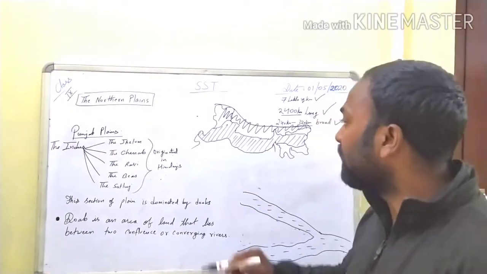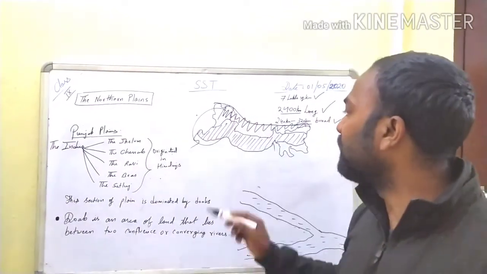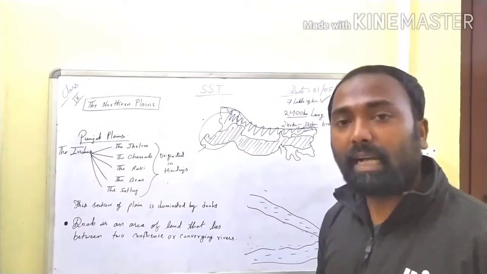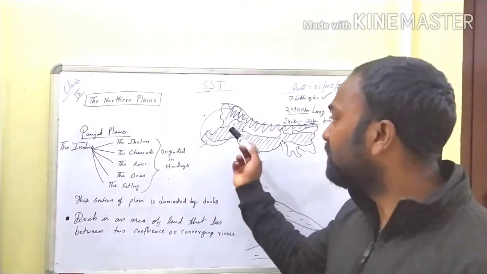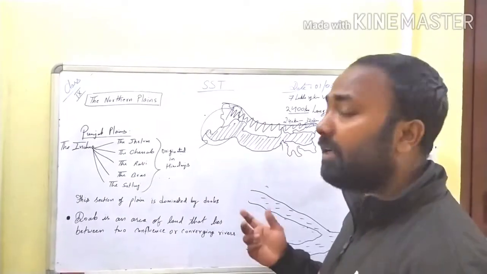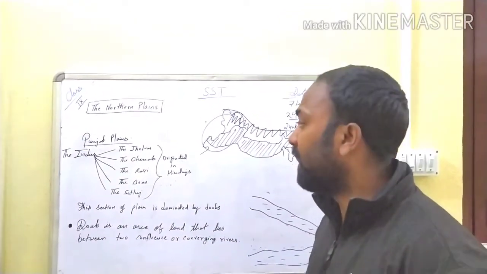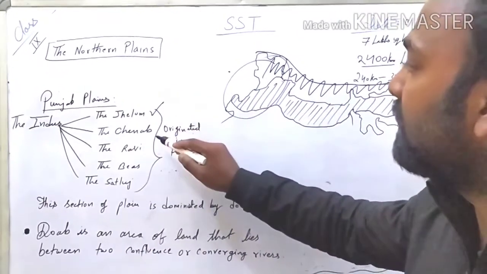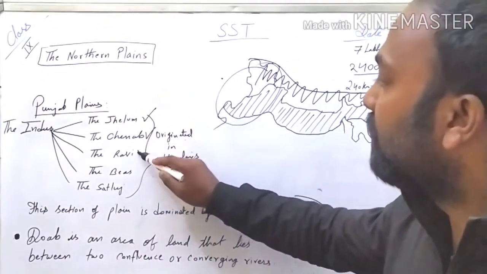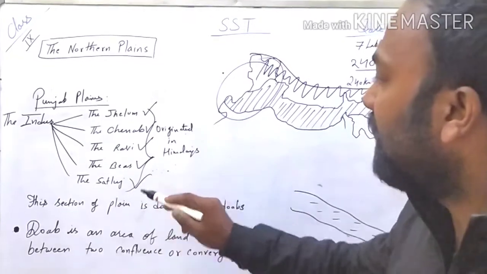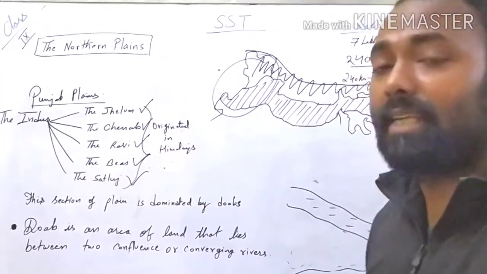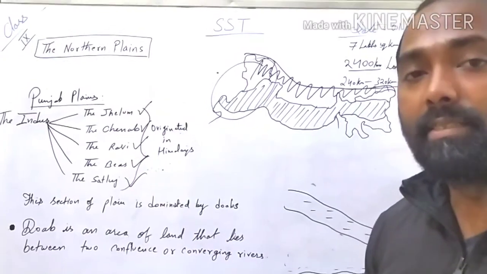The western part, that is this part, of the northern plains is referred to as the Punjab plains. Now these plains are formed by the Indus River and its tributaries. As you can see here, the Indus River has different tributaries. The first one is Jhelum, Chenab, Ravi, Beas, and Satluj. All these rivers, and the Indus itself, originated from the Himalayan region.